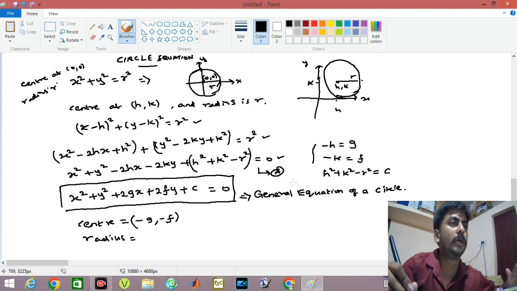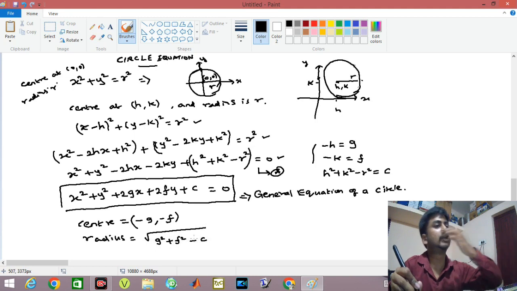Since instead of h we have g and instead of k we have f, the radius will be given by the square root of g square plus f square minus c.